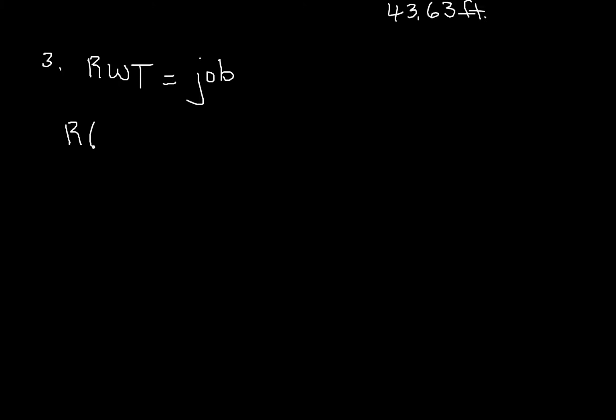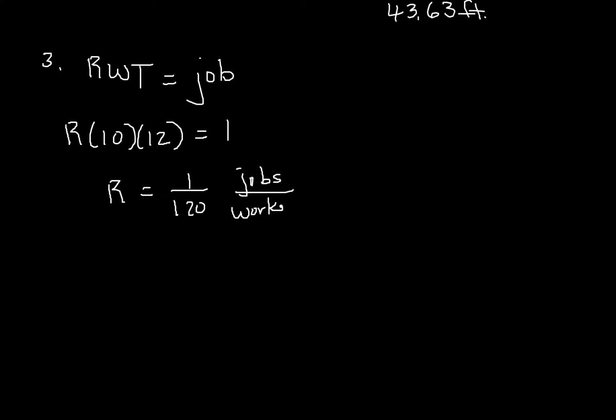We don't know the rate. 10 workers, 12 days to do one job. So if you have 10 workers working 12 days, their rate is going to be 1 over 120 jobs per worker day, because when you divide by 10 times 12, it ends up being worker days. All right, you got that part?